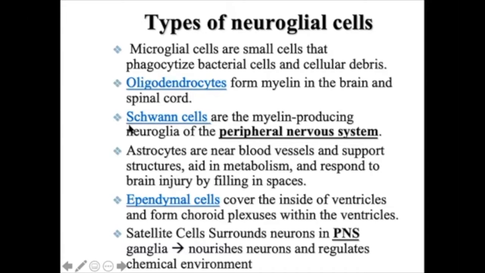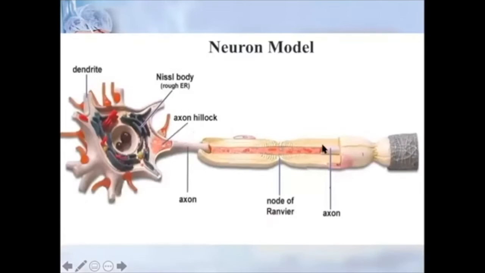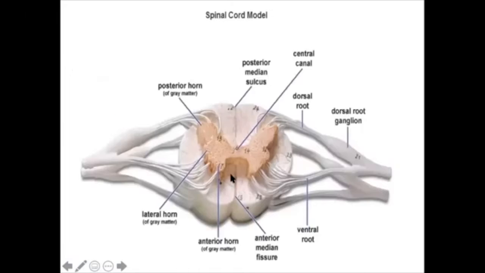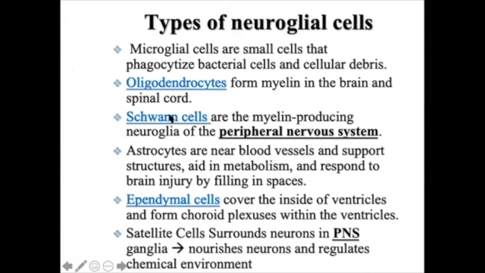Now the model we looked at first, the neuron, this one here, these white things here are these Schwann cells. You need to know that the Schwann cells, they myelinate the axon, but they're only found in the peripheral nervous system. The central nervous system is the brain and spinal cord. Peripheral nervous system is all of the other nerves around the body. So Schwann cells are only active in peripheral nervous system.